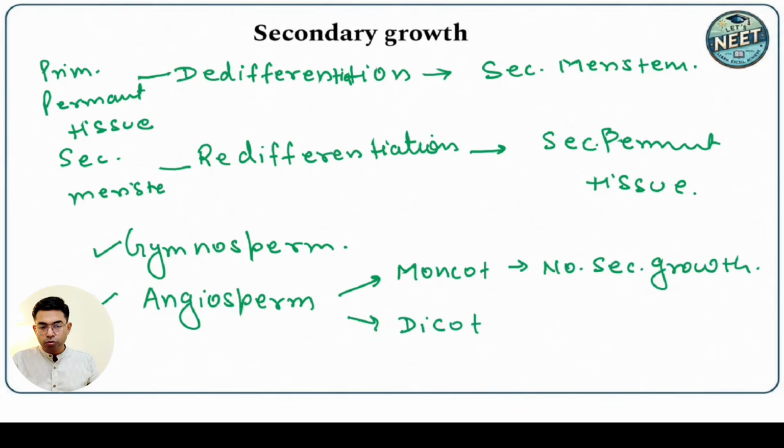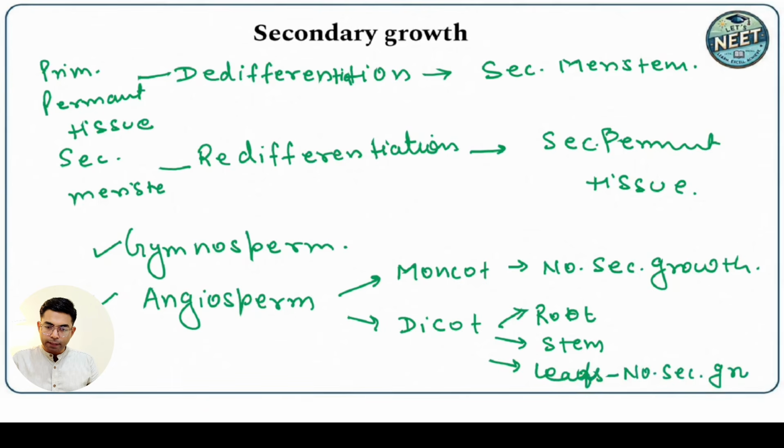Now in dicots we know there is root, stem and leaf. Can you tell me where in the dicot there is no secondary growth? In the leaf there is no secondary growth, right? So if I say all parts of a dicot plant show secondary growth, the answer is no. Only root and stem will show secondary growth, right?